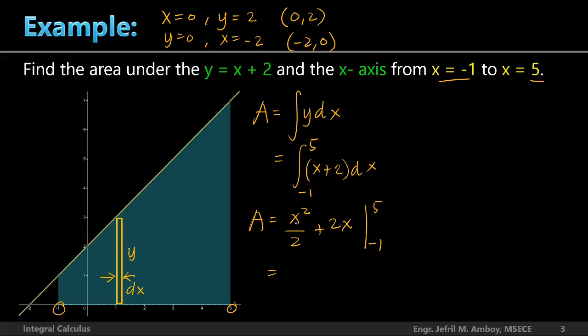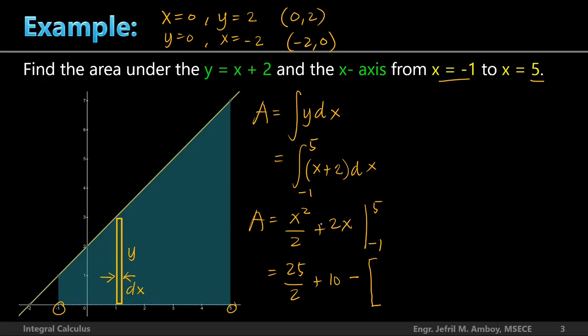So I'll just replace this x by 5 and square it. That's 25 over 2 plus 2 times 5, that's 10, minus the lower limit, which is -1.